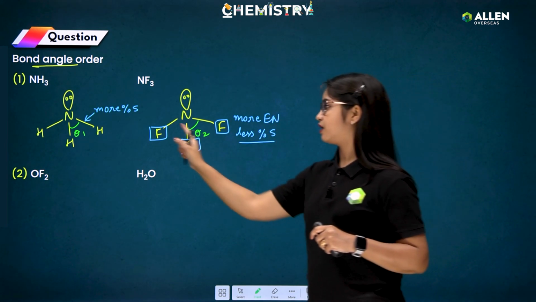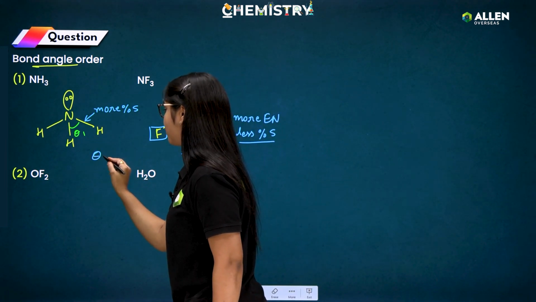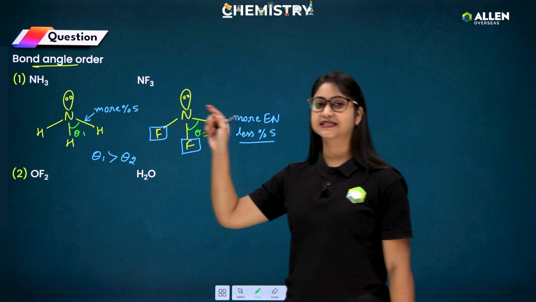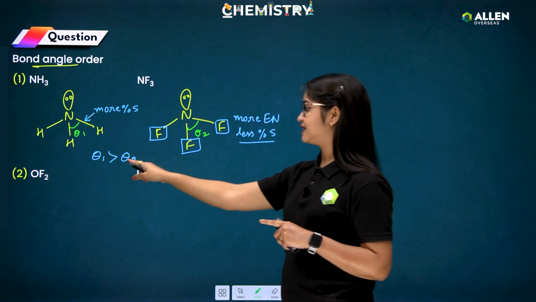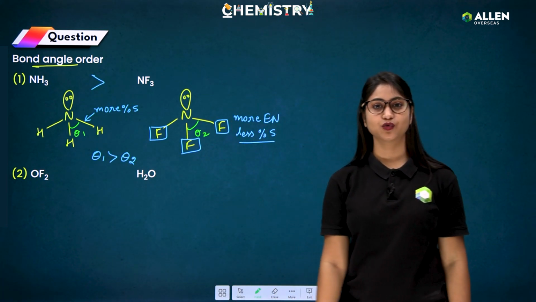So from that I can say θ1 will be more as compared to θ2. More percent S character, more the bond angle. So θ1 is greater than θ2. This is how we can decide on the basis of Bent's rule.